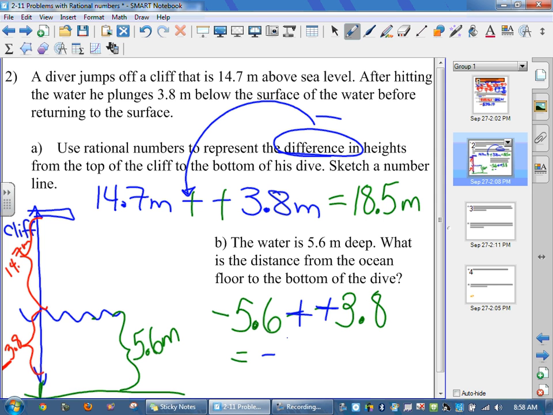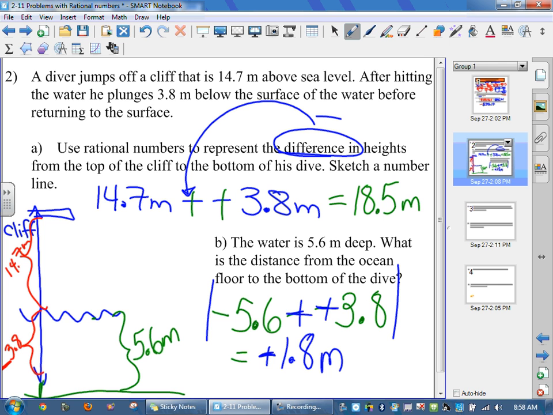Now, is it an actual negative meter? Can you have a negative meter? No, we have a distance underwater which makes it negative. Does that make sense? But it's actually still a positive value. So we would say this is called the absolute value of that. The absolute value means it's got to have a positive answer because you're talking about the distance between something.